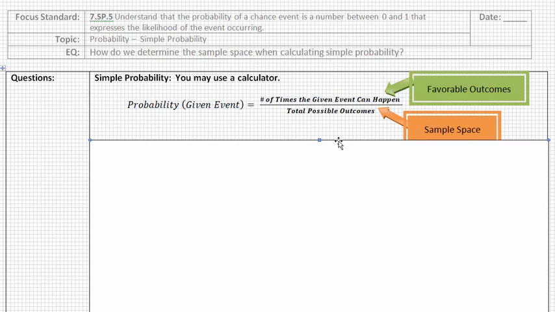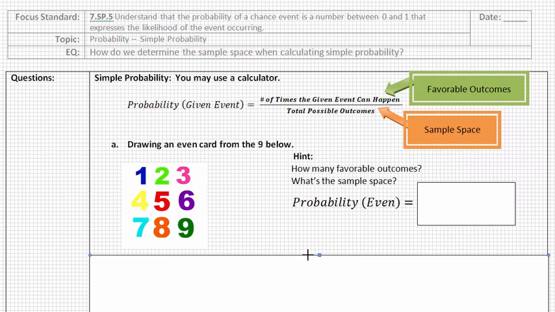So let's dive in and practice using our new vocabulary, favorable outcomes and sample space, and make sure that we are on the right track with calculating simple probabilities.